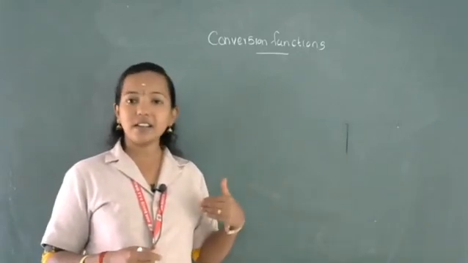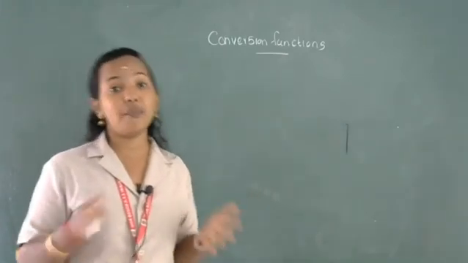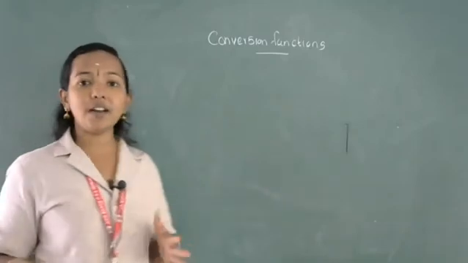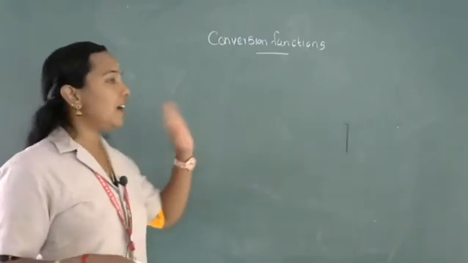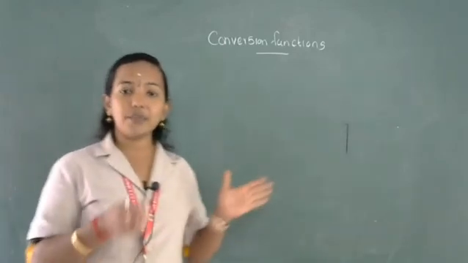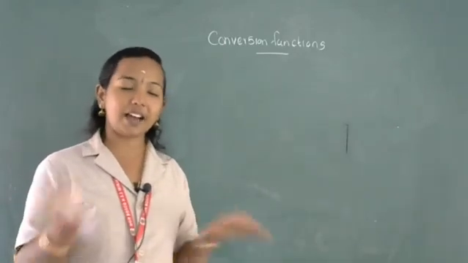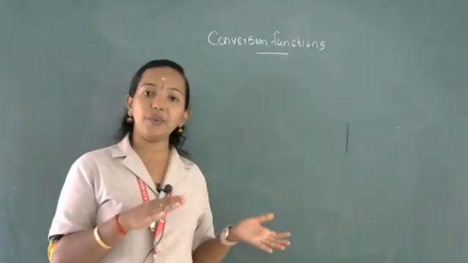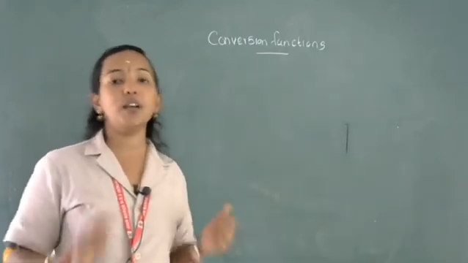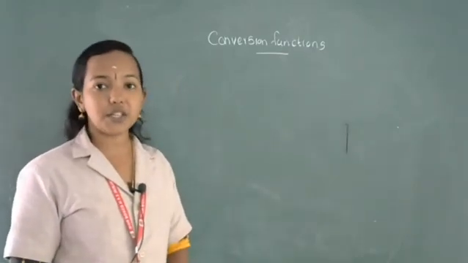But character represents alphabets. Both are entirely different data. So here conversion functions are used to convert from integer to character, then again character to integer. That means number to alphabet and alphabet to number. Clear? For that purpose we are using conversion functions.